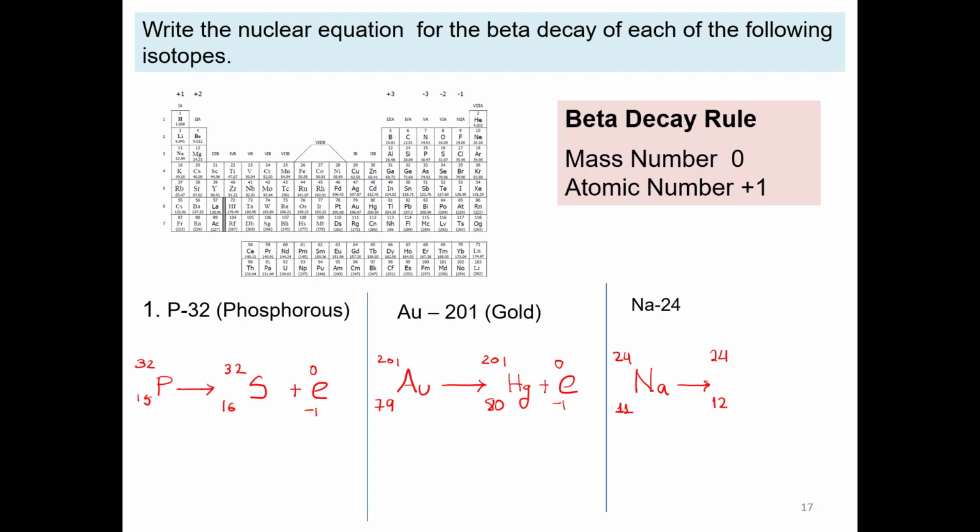It will be 12 here, plus a beta particle. Let's see what isotope we have here. The atomic number 12 corresponds to magnesium. Now these are the equations for each of these isotopes if beta decay occurs.